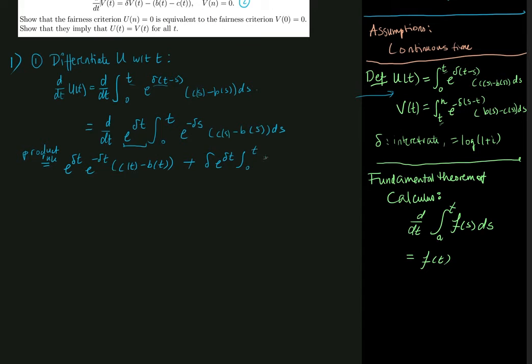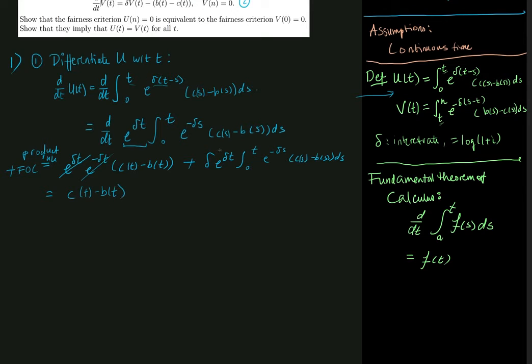So integral 0 to t, e to the minus delta s, c of s minus b of s ds. Great. Okay, so plus fundamental theorem of calculus. Okay, what do I have now? Well, e to the delta t and e to the minus delta t cancel. So I have c of t minus b of t.